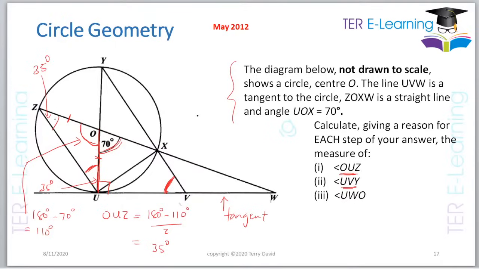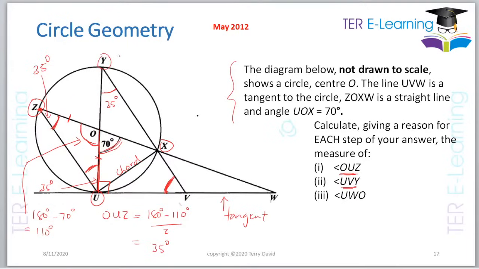Now, if this angle here is 35 degrees, then this angle across here also has to be 35 degrees. That's a rule that we learn: angles in the same segment are equal. What that means is that this line here is our chord, and if we use this point O and X and we try to form an angle on the circumference, this angle here will be 35.